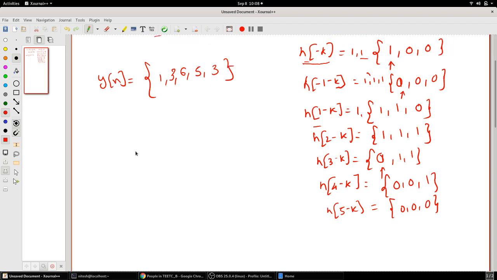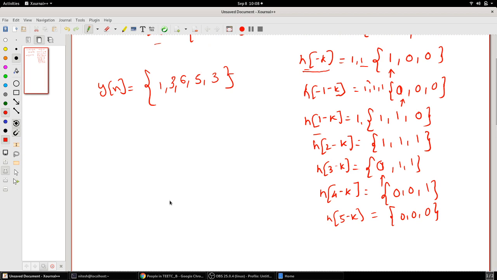Graphically you could have done this. We'll see the graphical version. You have x of k, which is 1, 2 and 3, at positions 0, 1 and 2. This is your x of k. H of k looks something like this: 1, 1 and 1, at 0, 1 and 2.